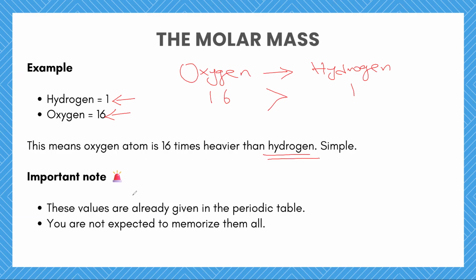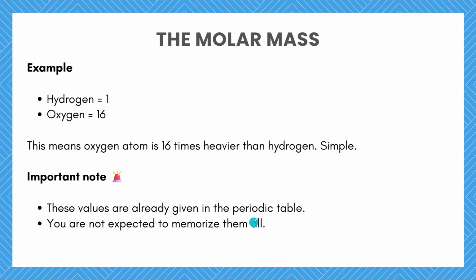Now, there's something important you need to know. Some of you might be thinking, how do I commit all these values to memory and know them by heart? You absolutely do not need to do that. If you can, by all means do. But all these values are already given to you on the periodic table, and you are not expected to memorize them all. So just do well to enjoy your periodic table.